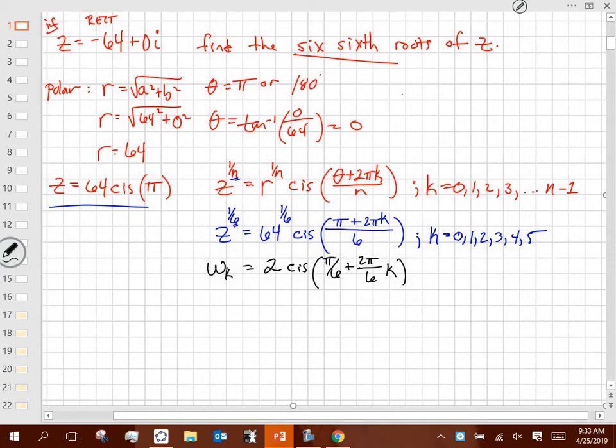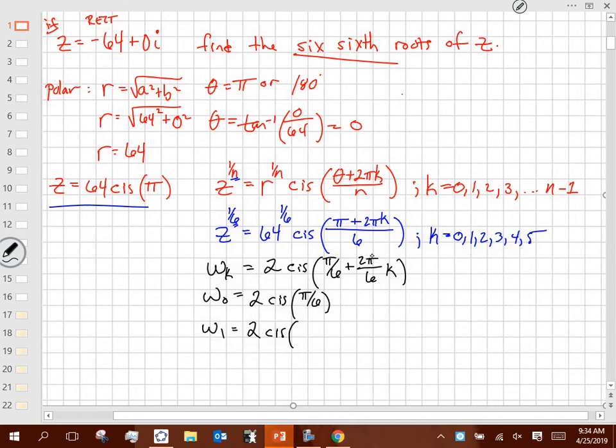And it just allows us to say, okay, if that's a rule for w sub k, what do I do when k is 0? If k is 0, that goes away, right? So you get 2 cis pi over 6. When k is 1, I get 2 cis.